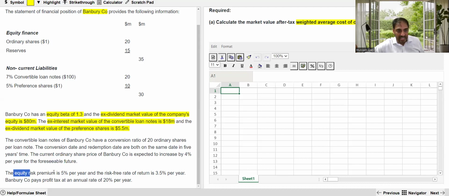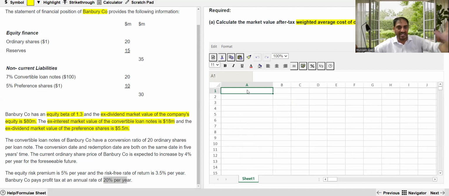The equity risk premium of 5% per year, risk-free rate 3.5%, and Banbury pays profit tax at an annual rate 20%. Calculate the WACC. So it's very simple and very structured calculation of the WACC.